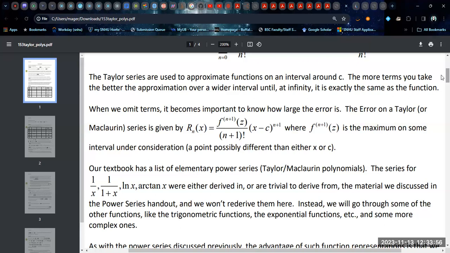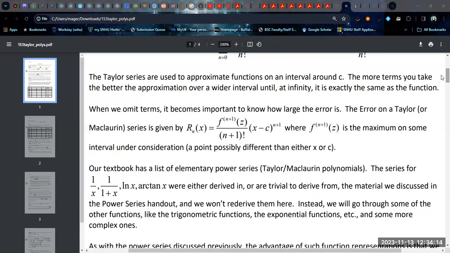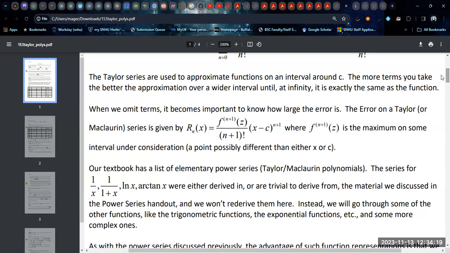Now, your textbook has a list of elementary power series functions. They tend to be centered at 0. And so if you're shifting the whole graph, you can just shift the Taylor series. But if you are trying to center them at a different point without shifting the graph, then you have to derive them from scratch.